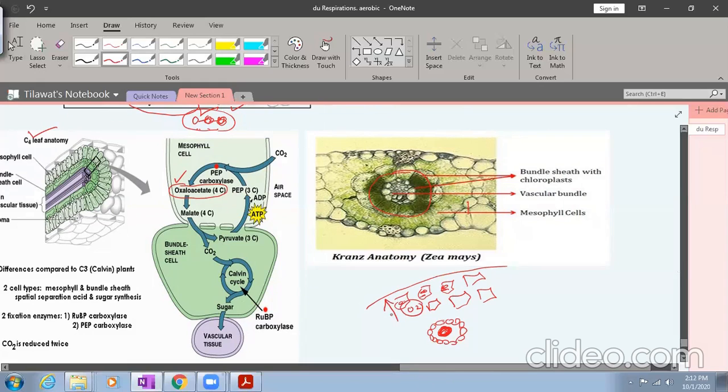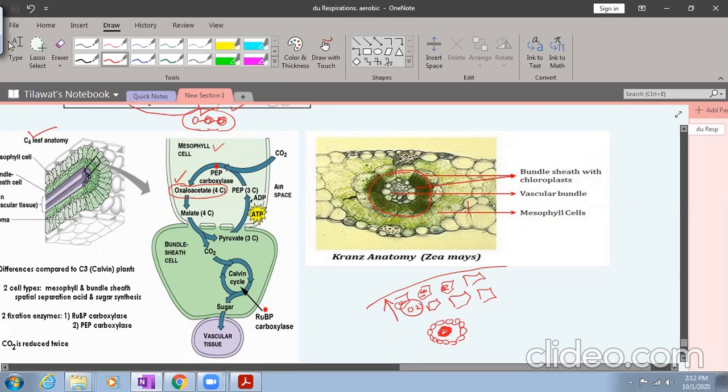Am I clear? And if in this mesophyll cell oxygen is more, what will happen? If here is ribulose bisphosphate, that will fix what? That will fix oxygen. But in this plant, there is another enzyme called what?